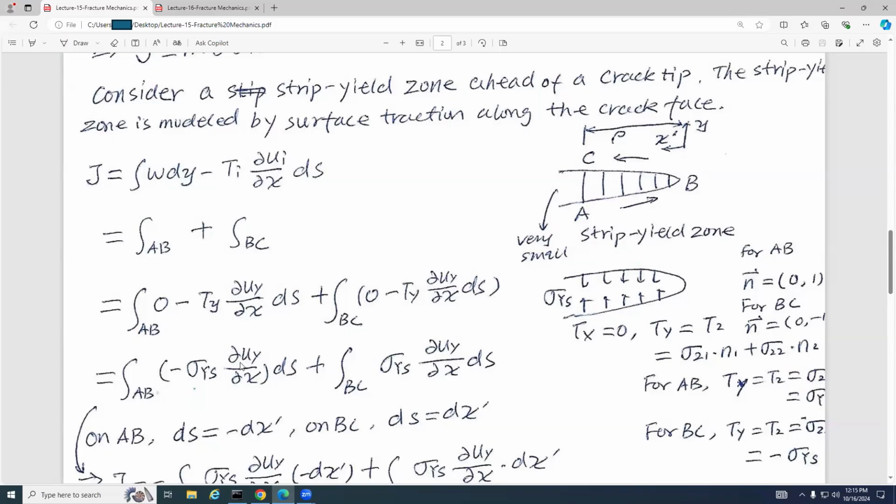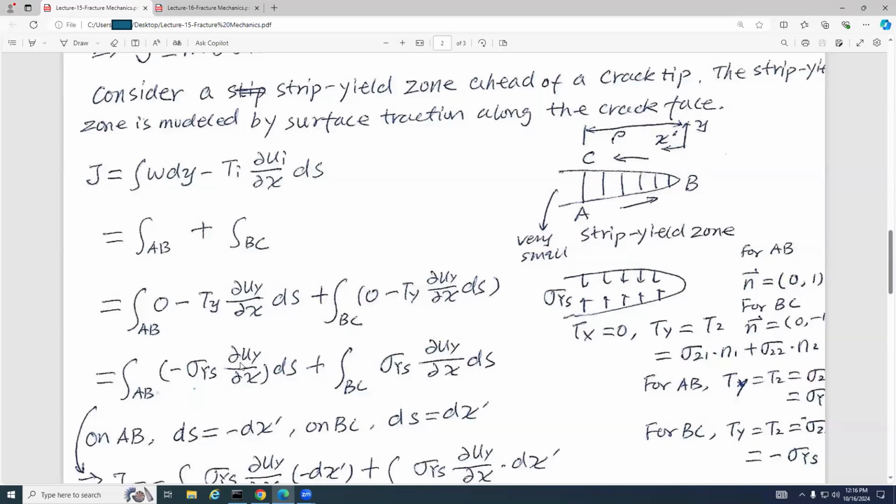This time I select the path from A to B and then to C, as long as the contour is counterclockwise. This is the J value. I have two segments: one from A to B, and the second from B to C.